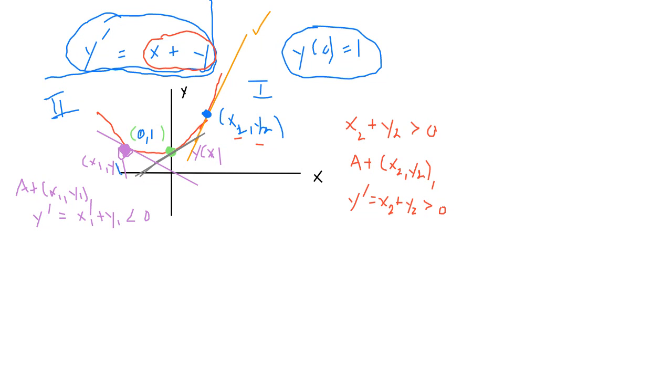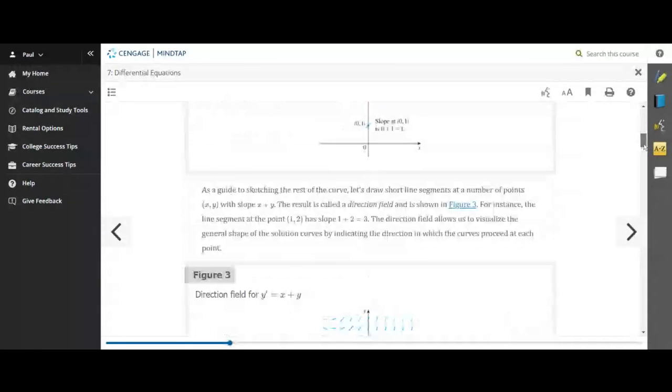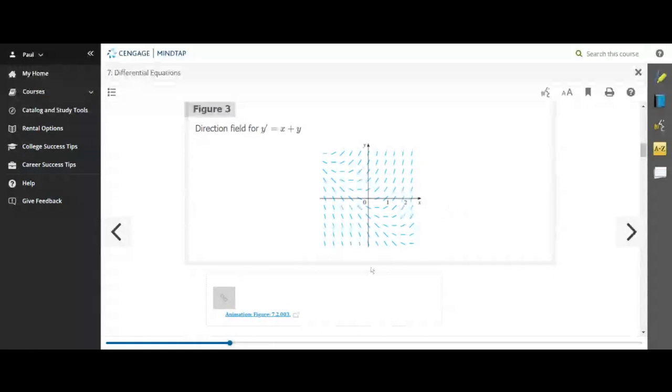So if we go back to the book here, in figure 3, they give an entire direction field for this differential equation.